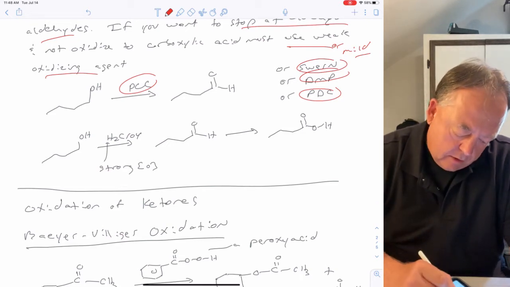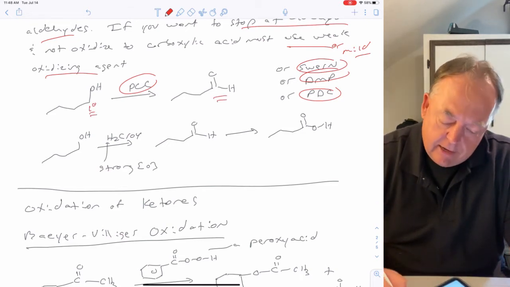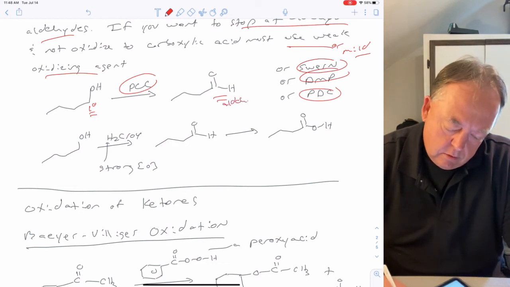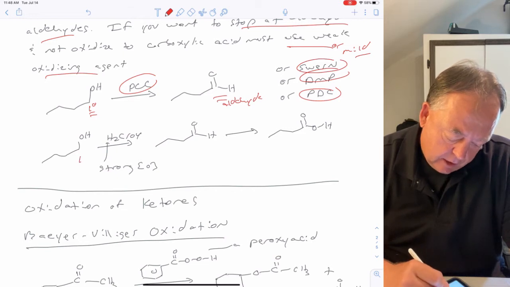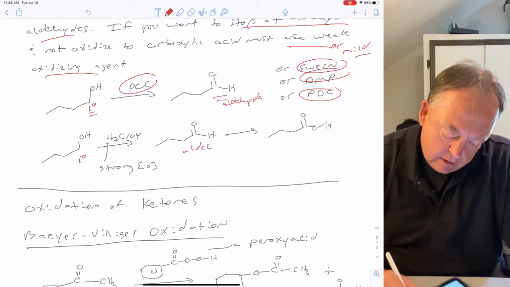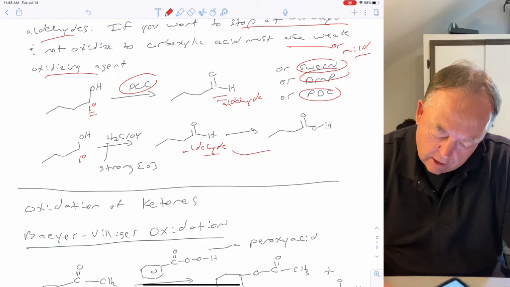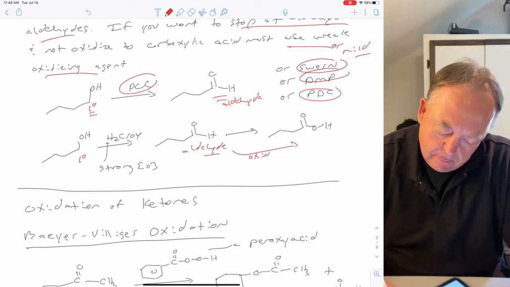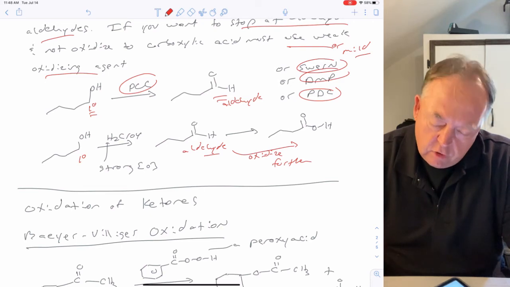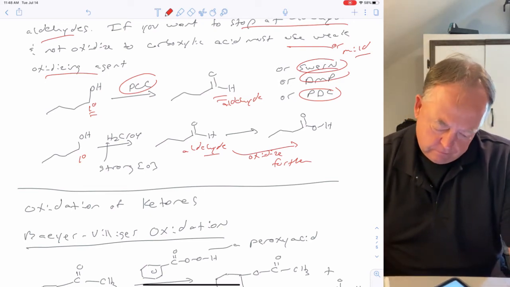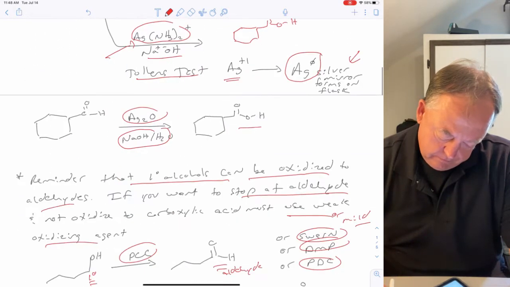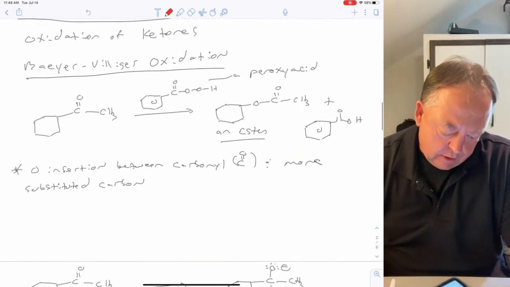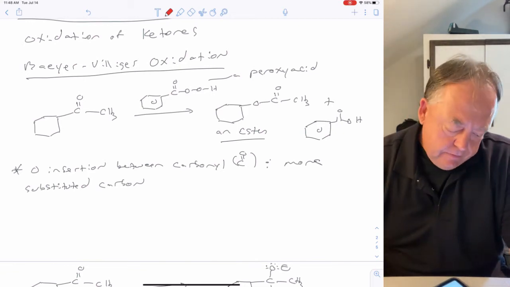Those will take a primary alcohol and stop it at the aldehyde. If you use a stronger oxidizing agent, then the primary alcohol would go to the aldehyde, and then the aldehyde would oxidize further to the carboxylic acid, with any of these oxidizing agents. And of course there are others, those are just the ones that you have to know.